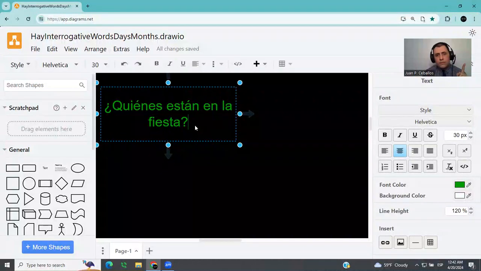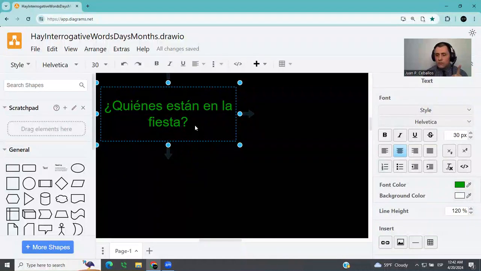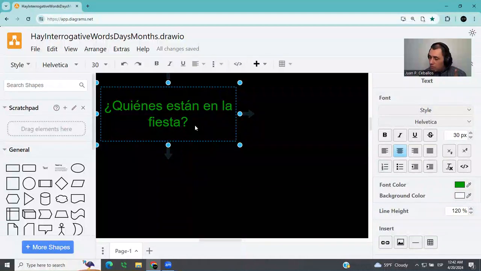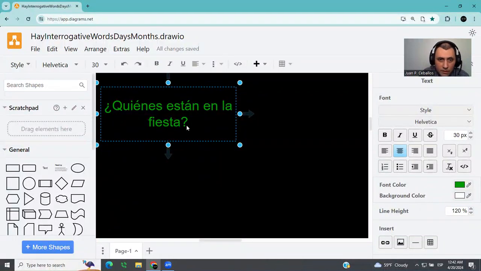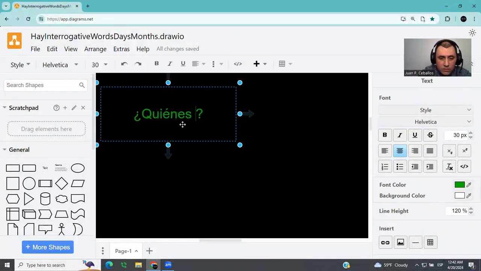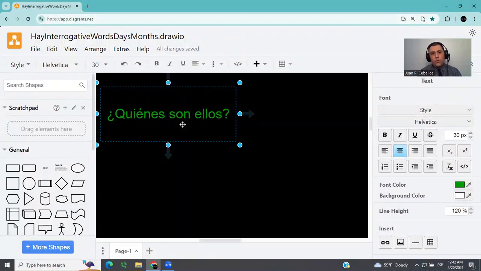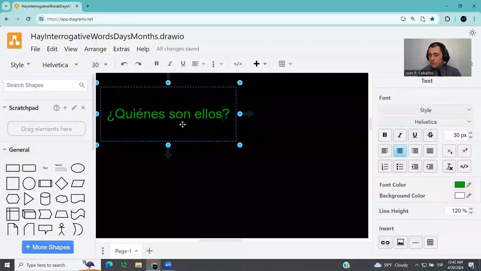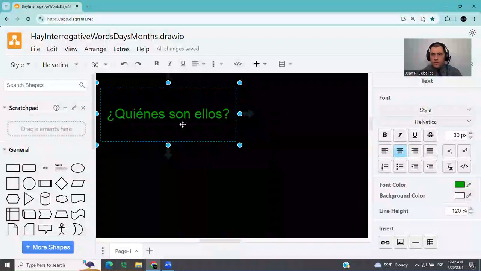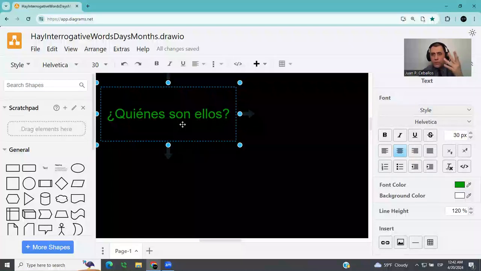I'm sorry, no. Who is at the party and who are, let me give you a different example here. ¿Quiénes son ellos? That will be who are they. So who is, who are.